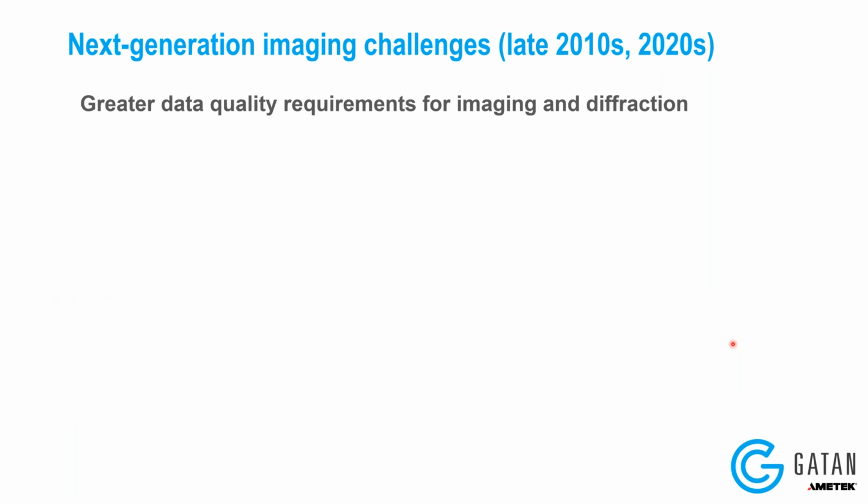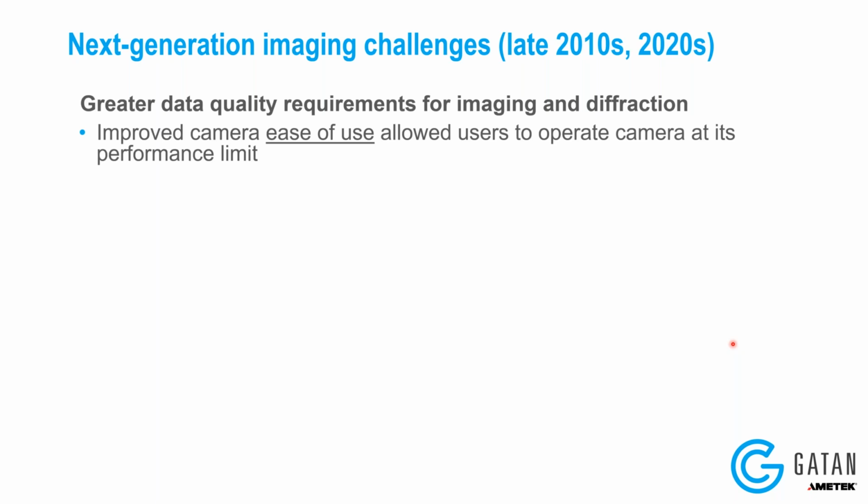Then, of course, the pace of applications development and technique development never stops. And so in the late 2010s, early 2020s to now, new challenges emerged in the microscopy field in what people were trying to do with their scintillator cameras. The first big challenge that I came across was that people wanted better data quality for imaging and diffraction experiments coming off of the camera.